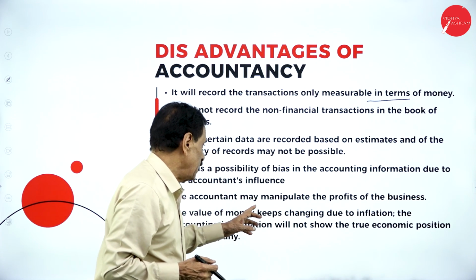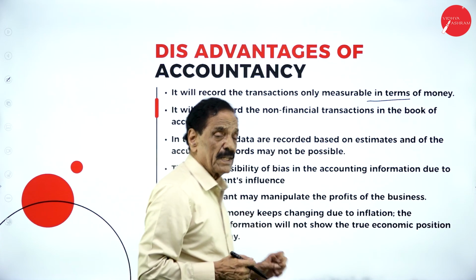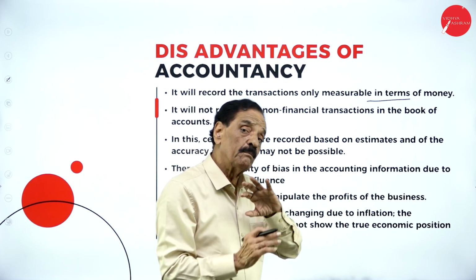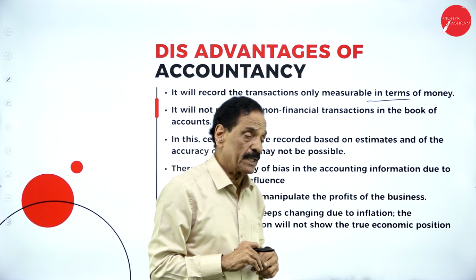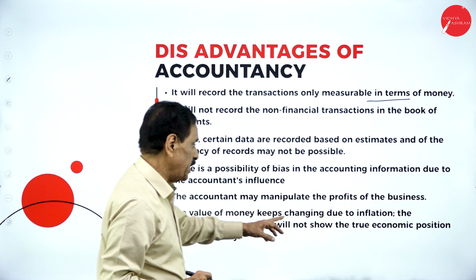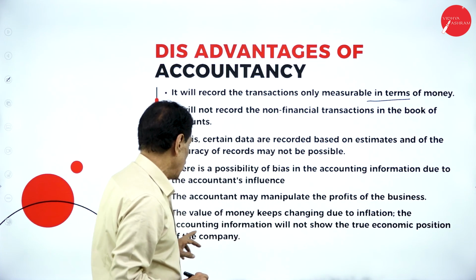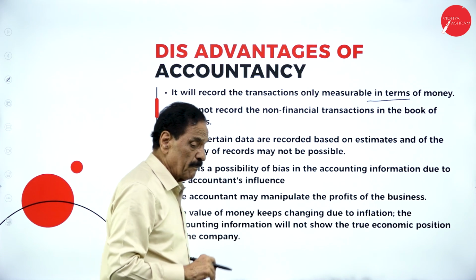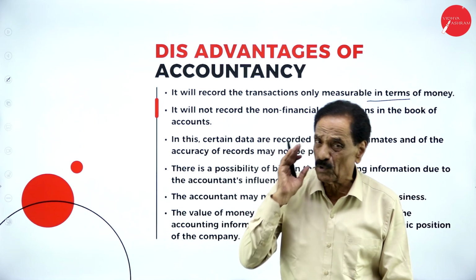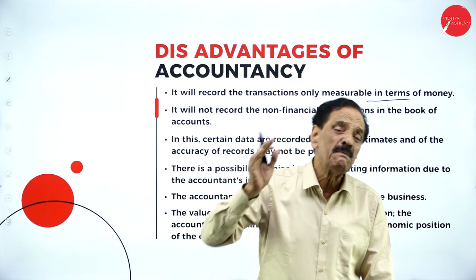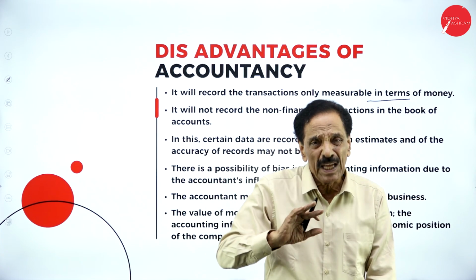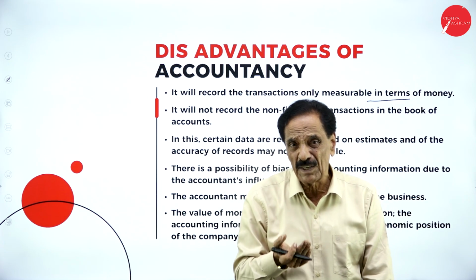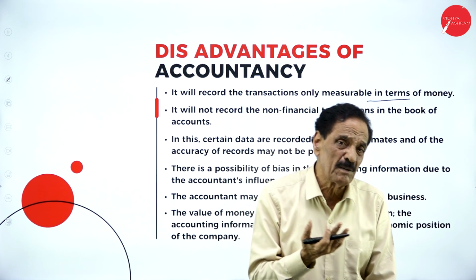The accountant may manipulate the profit of the business, showing more profit to outsiders. The value of money keeps changing due to inflation. The accounting information will not show the true economic position of the company. So whatever financial position is shown by accountancy may not be perfect. That's why these are disadvantages.